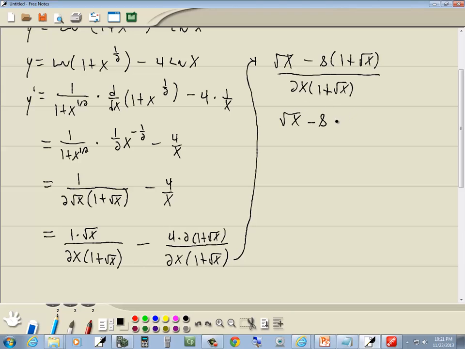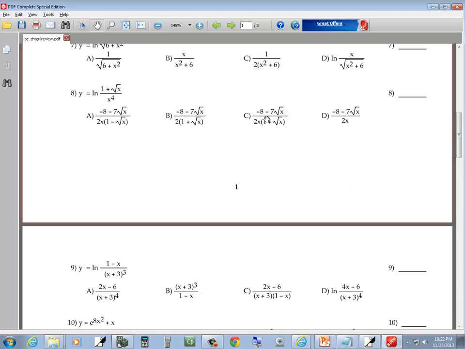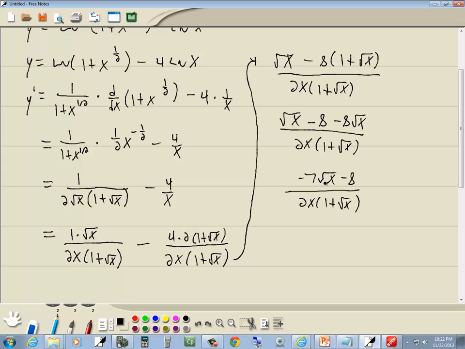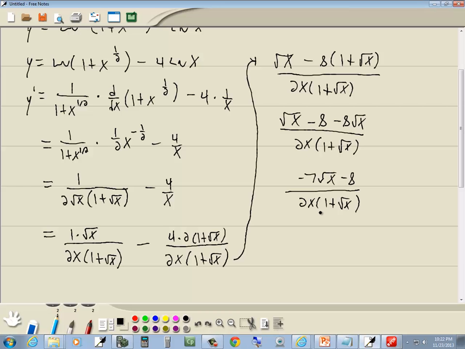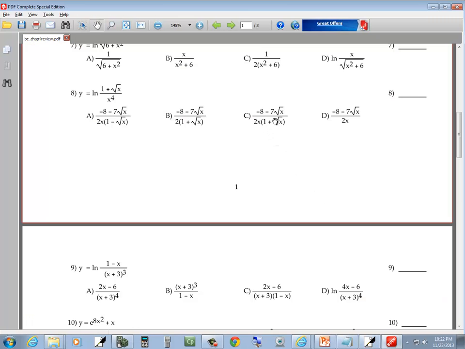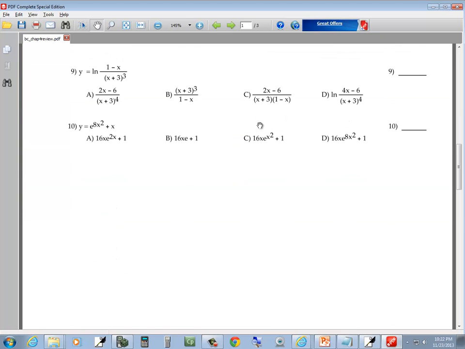Negative 8 times square root of x gives us negative 8 square root of x over 2x times 1 plus square root of x, which, square root of x minus 8 square root of x is negative 7 square root of x, minus 8 over 2x times 1 plus square root of x. Negative 8 minus 2. So I think it's this one, C, if my eyes aren't failing me. Okay, number 9.